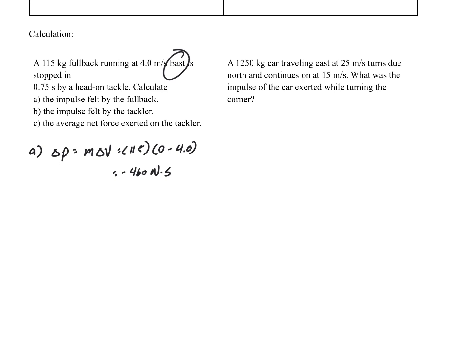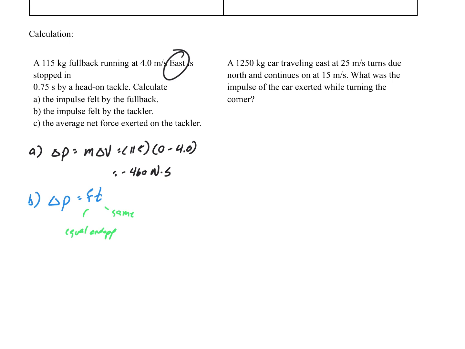fullback, right? Part B asks what the other guy feels. So what's interesting is we can use this idea here. Delta P is force times time, and Newton's third law still applies here. This force is equal and opposite, and the amount of time everything happens in remains the same.